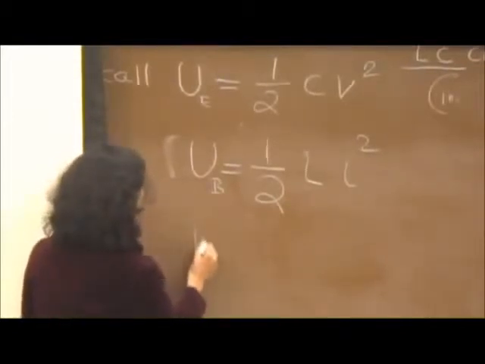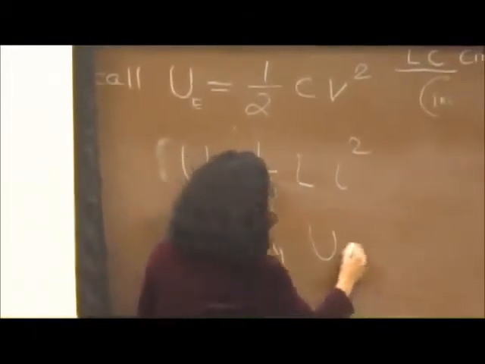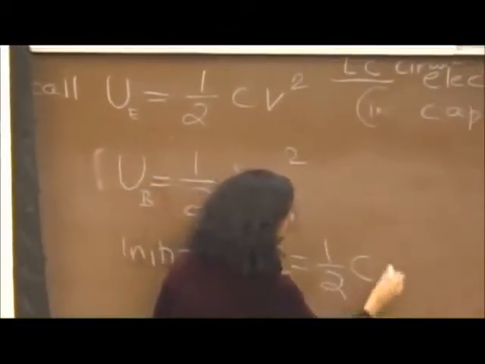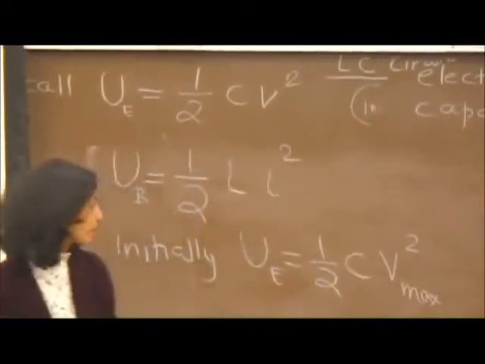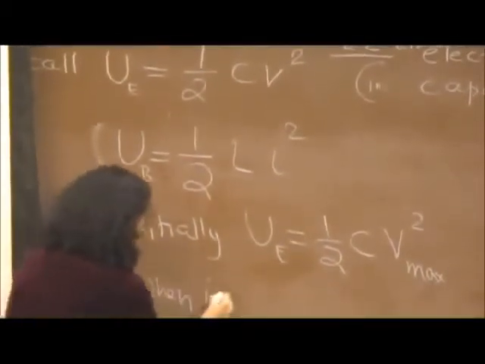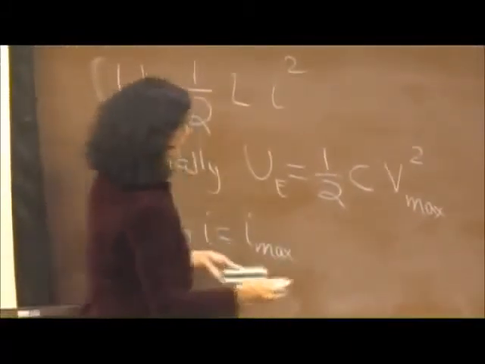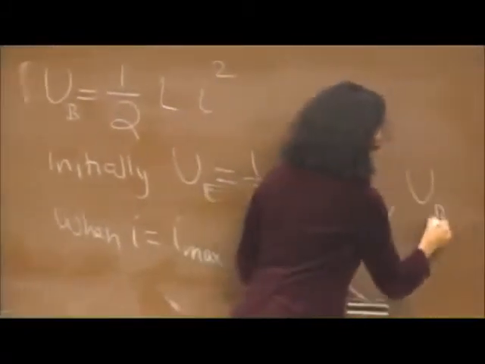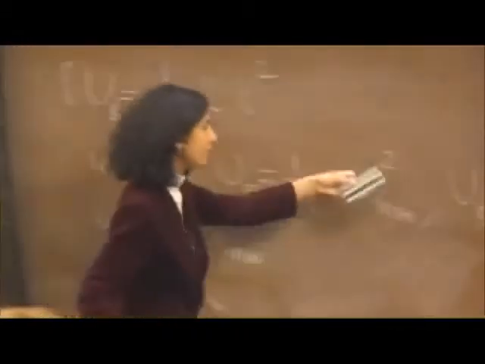So initially you have U E is equal to half C V max square. This is the battery voltage that you use to charge the thing, right? And what we find is that when I goes to I max, at this point what was U B? Who wants to tell me what is U B? When this thing is maximum, this is 0, right?